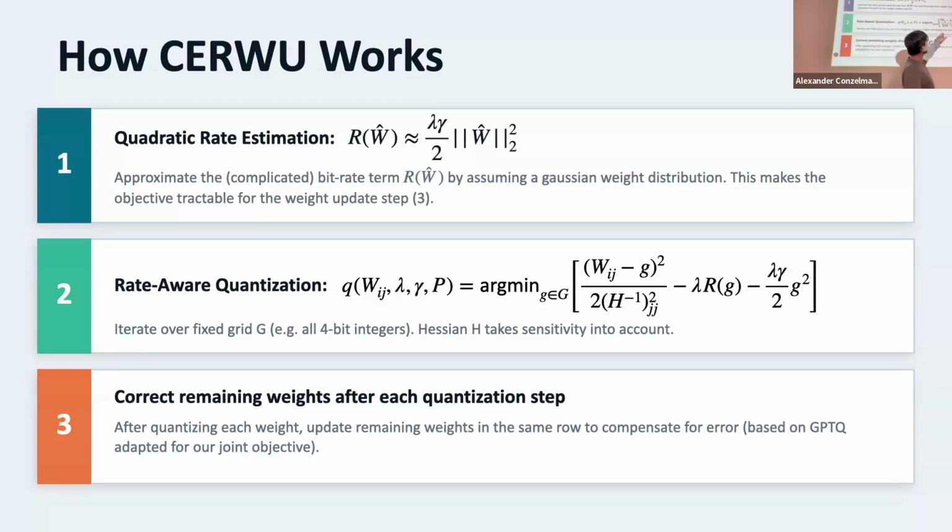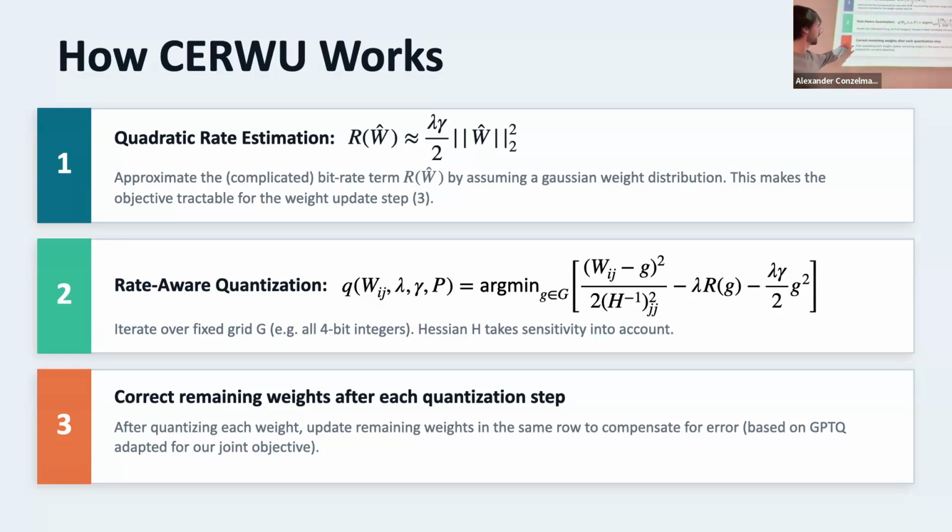And we weigh this by the inverse of the Hessian to assign some sort of sensitivity to it. And then we penalize this by the expected rate that we would have of this grid point. So that we can also take into account how many bits we pay for the weight tensor at each of the quantization steps.